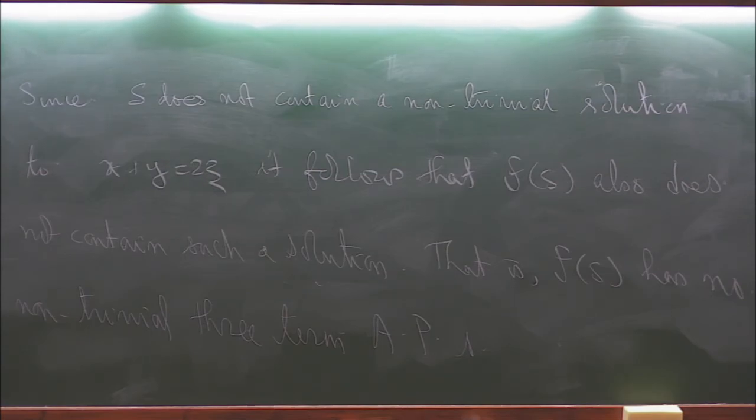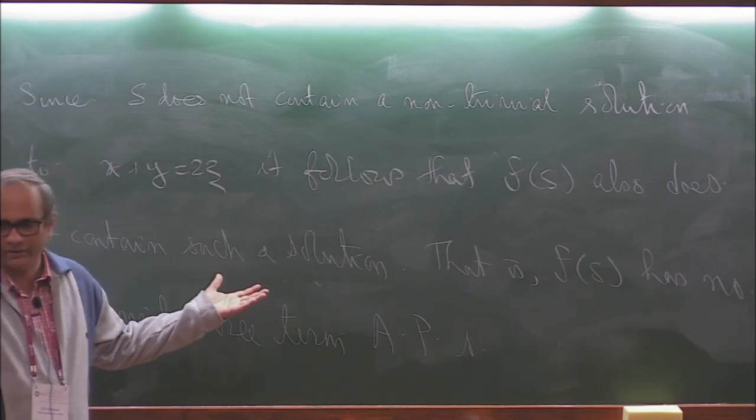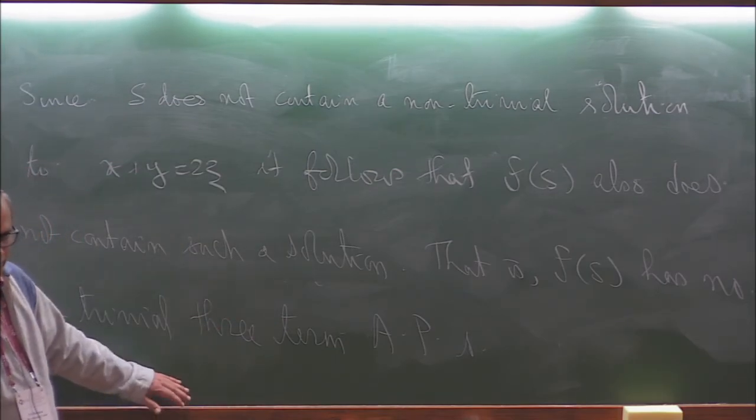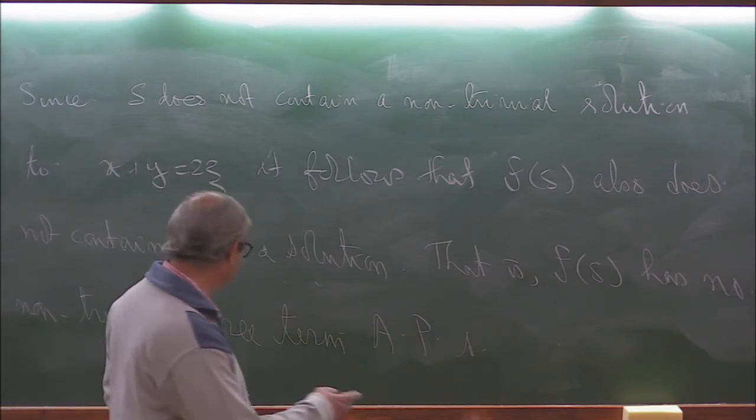You take such a map, that map is injective on the set that you are considering, and its image doesn't contain any three-term APs, so you have constructed a set with no three-term APs. The rest of the argument is only to estimate the size of this set. There's nothing left. Once you've got this, you know a bound for the size of the set.